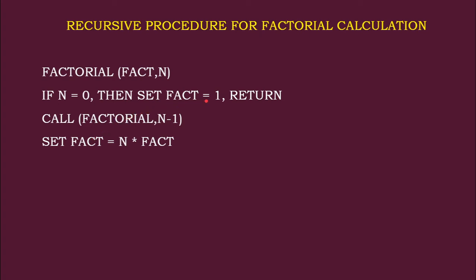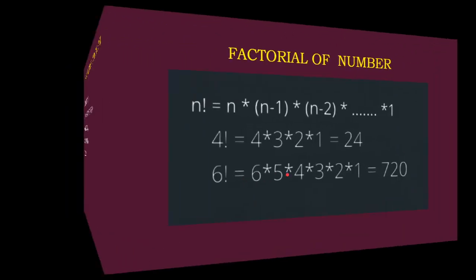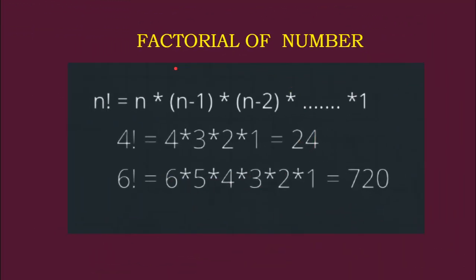Initially fact is equal to 1, and then successively when there are more numbers we have to multiply the consecutive numbers and store the answer. So fact is equal to n into fact, then return. So this call factorial recursively calls the factorial function for successive multiplication. So this is how the output comes for a factorial of the number.